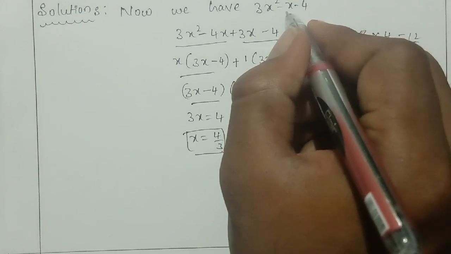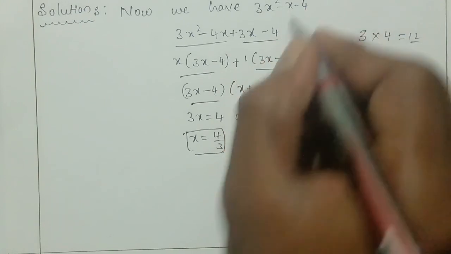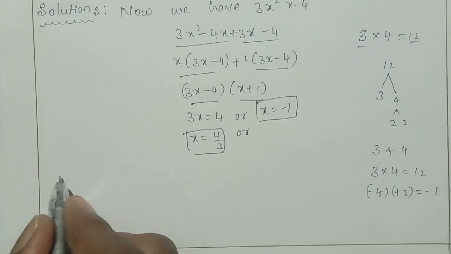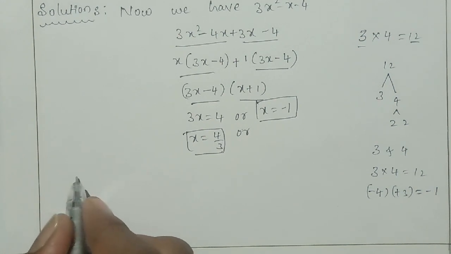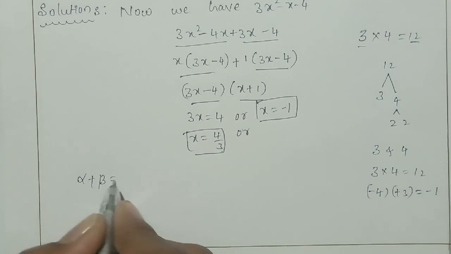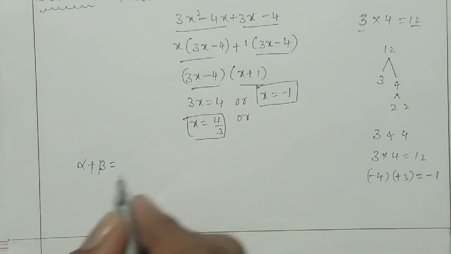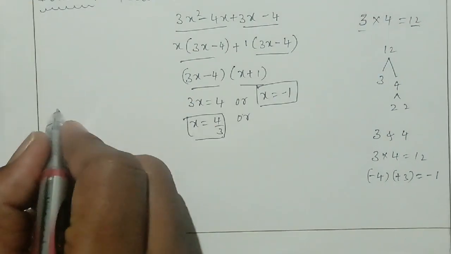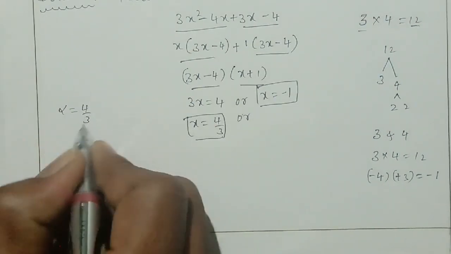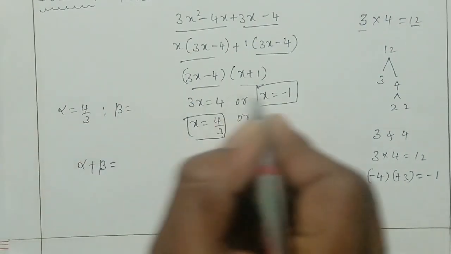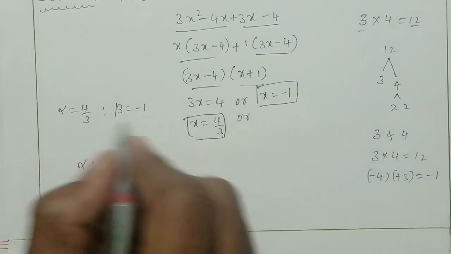Okay, next you can go to the sum of the zeros, that is alpha plus beta. Alpha is 4 by 3 and beta is minus 1. These two are the zeros of the polynomial.